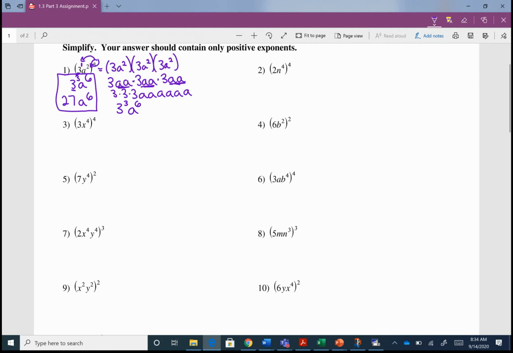So when you look at your paper, I'll be honest, what I would do, I would put those little ones in there. So you have to be sure that you're multiplying all the way through.